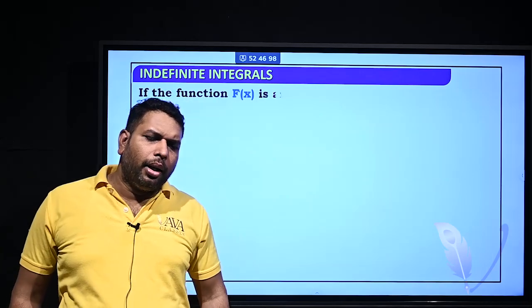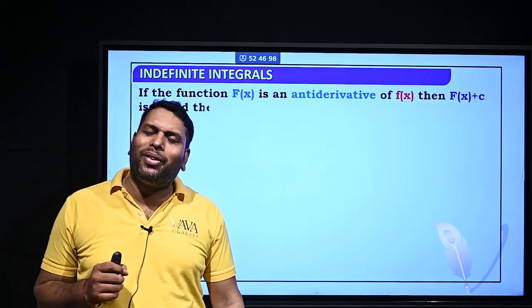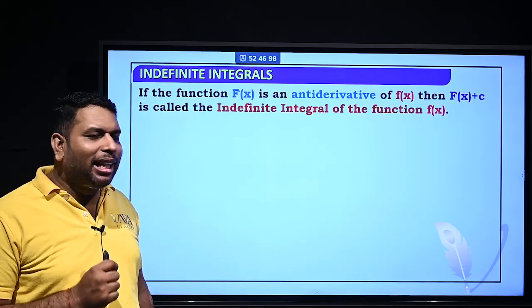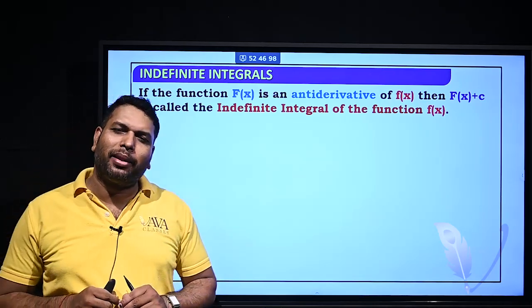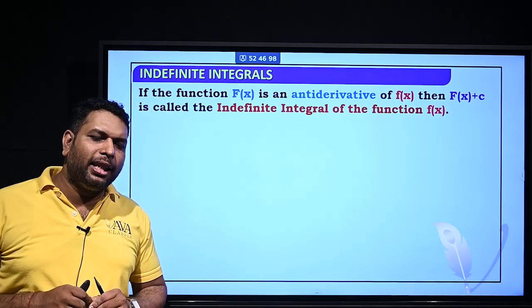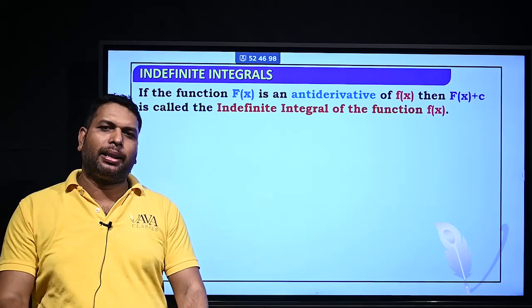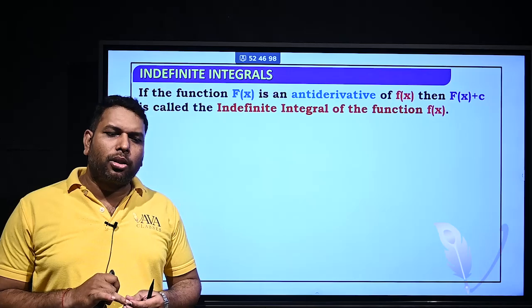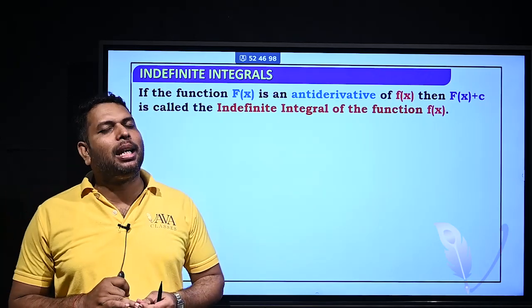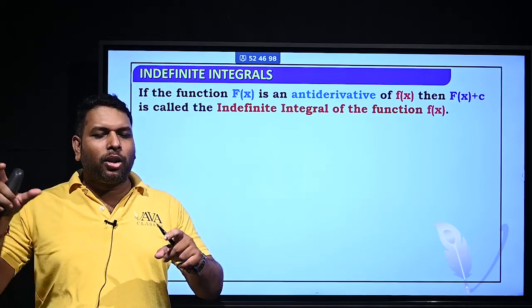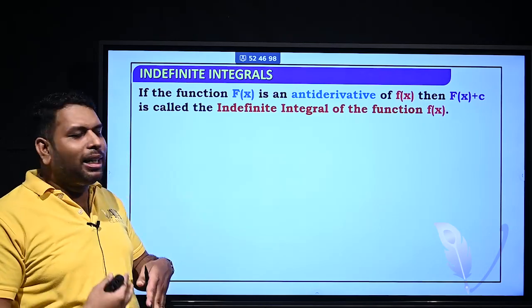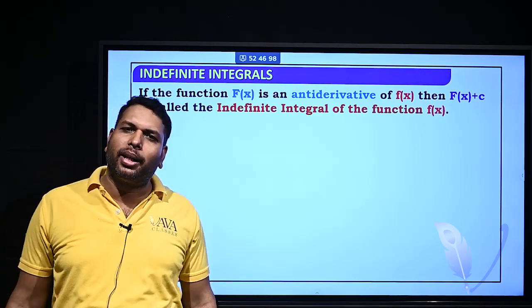If the function capital F of x is an antiderivative of small f of x, then capital F x plus c is called the indefinite integral of the function small f of x.